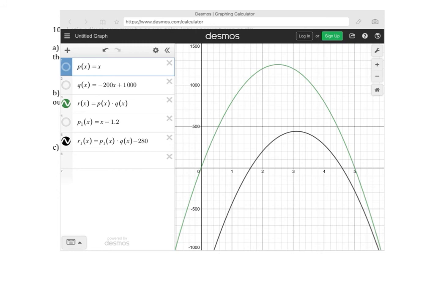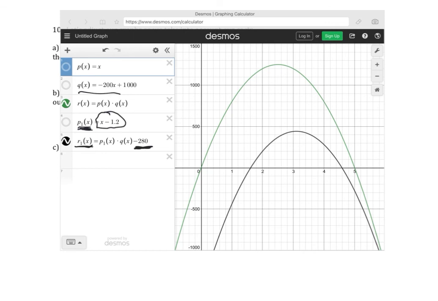And so I now have to multiply this new value times my quantity to get my revenues, but I also have to subtract the $280 in fixed costs. Those are the costs that I have to pay regardless of whether I sell a single cup or 1,000 cups. And those are, again, what are called our fixed costs. So now we have a new quadratic here, and you can see our original is much higher because we haven't subtracted out any costs yet.